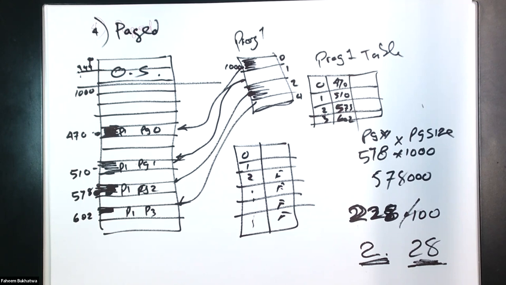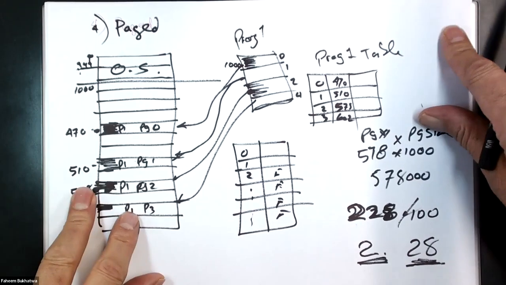For example, a program needs 4,500, and the page is 4,000. So it needs 2 pages. The first page is 4,000, and the other page is also 4,000, but it's only going to use 500 of it. So there'll be a lot of internal fragmentation. If you have big pages, it causes lots of internal fragmentation.